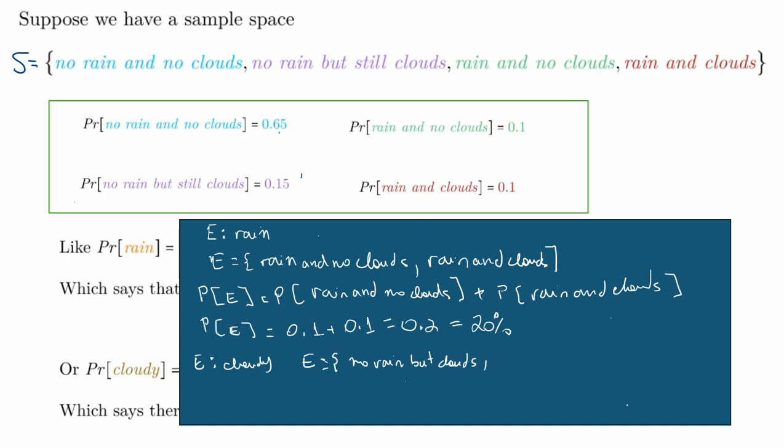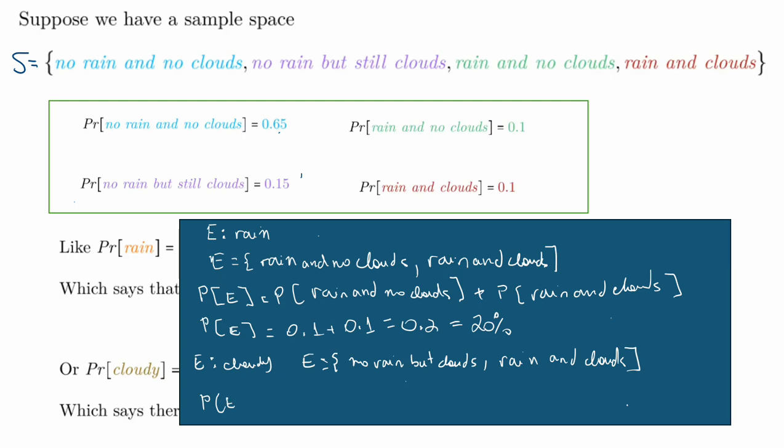What else? Is the green one of my interest? No clouds, right? And the last one is the red one, which is rain and clouds. Meaning that the event of having a cloudy day can come from two different outcomes.